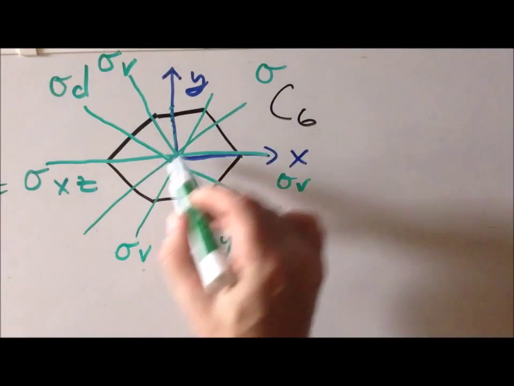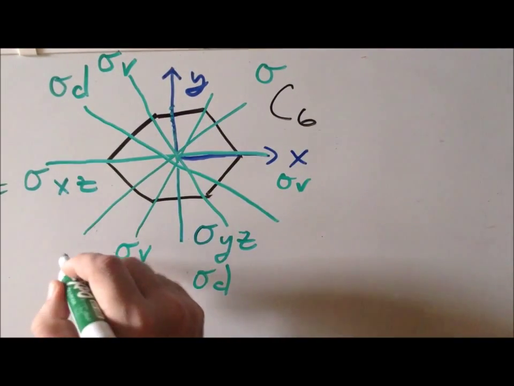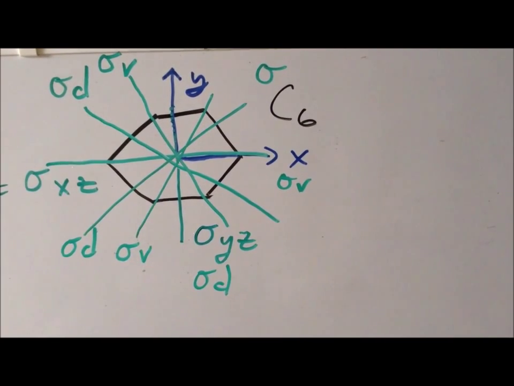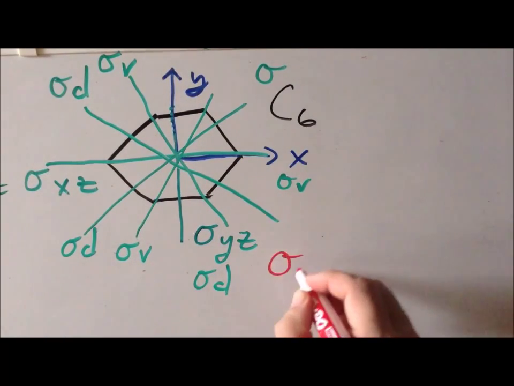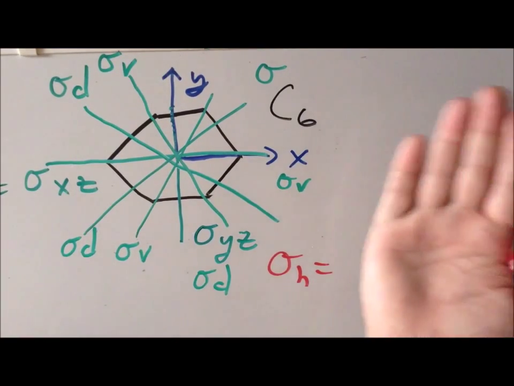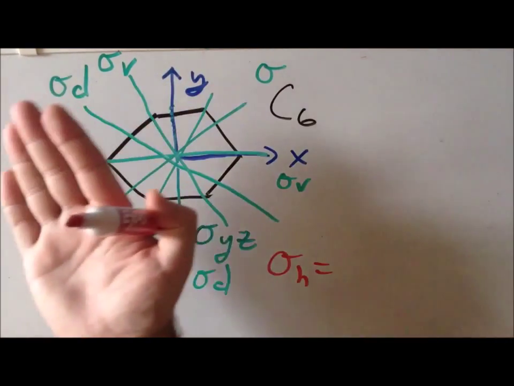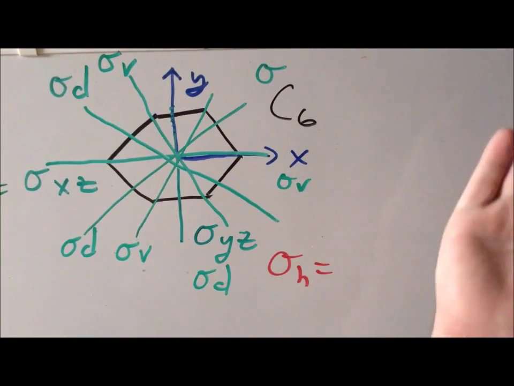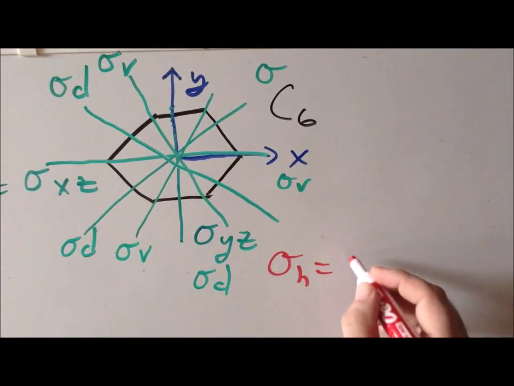But we have one mirror left, and that's going to be the most important mirror of all, which is our sigma h. And using the coordinate system that we developed, it's going to be the mirror plane which cuts through the infinitely thin hexagon along the xy plane. So sigma xy is going to be our horizontal mirror, and it's nice when we draw it on a whiteboard or a piece of paper that very often, not always, but very often, the horizontal mirror will be the plane of the paper or the plane of the board.